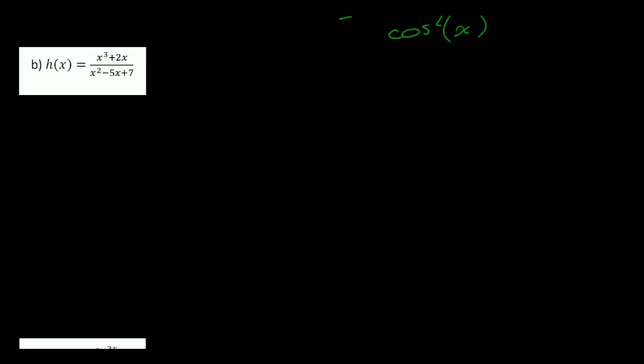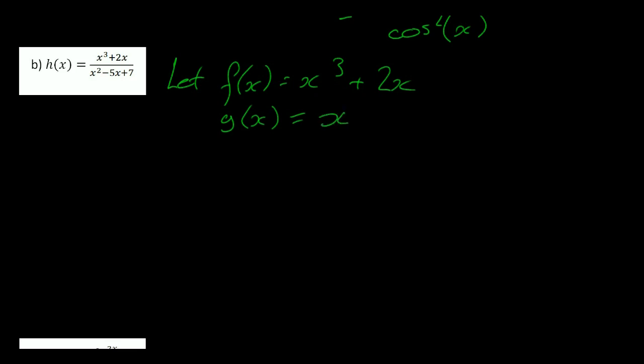So what we're going to do is say that the top is f of x, x cubed plus 2x, and the bottom is x squared minus 5x plus 7.